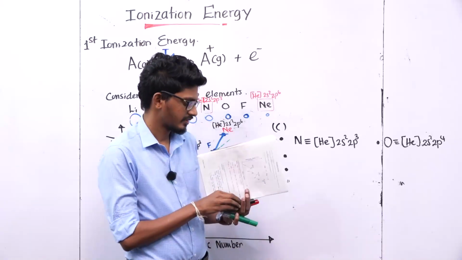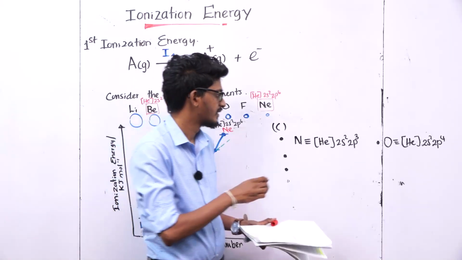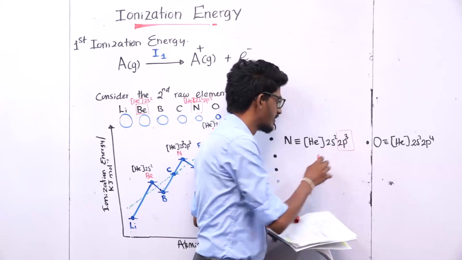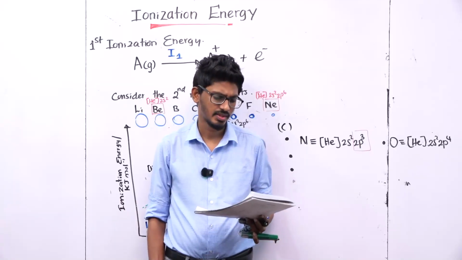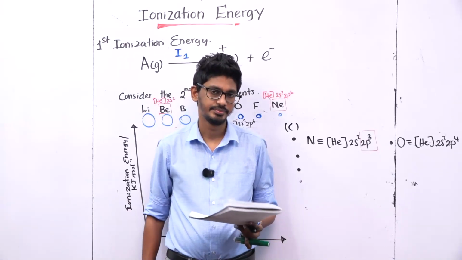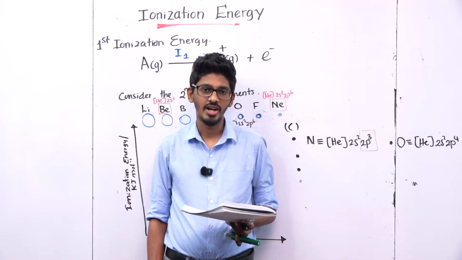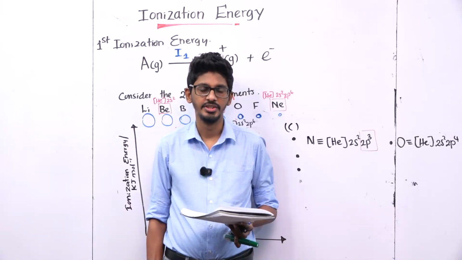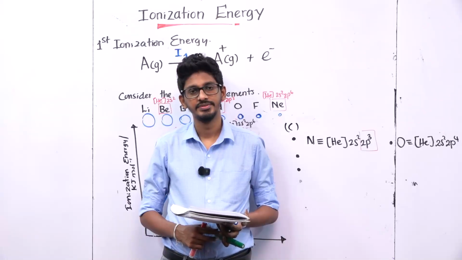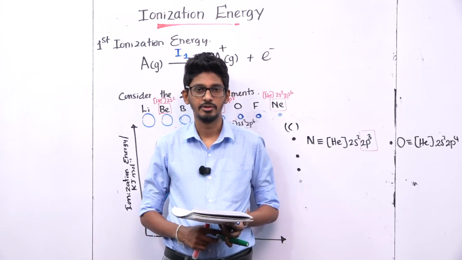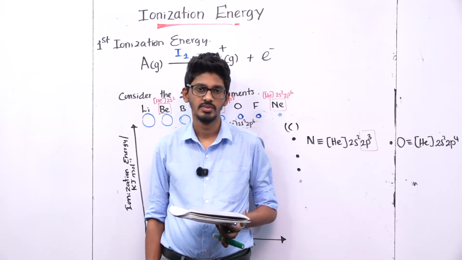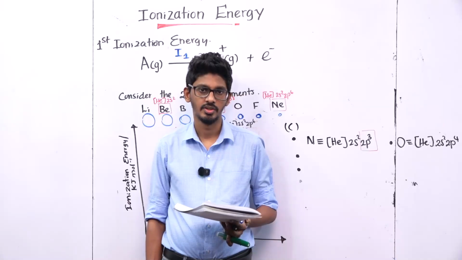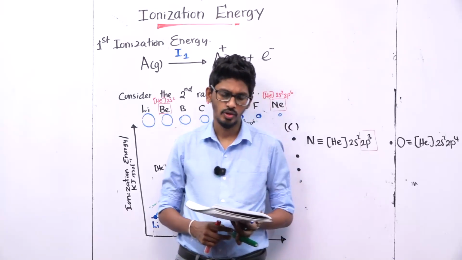Next point: so require more energy (within brackets, than expected, close the brackets) to remove an electron from that stable configuration.